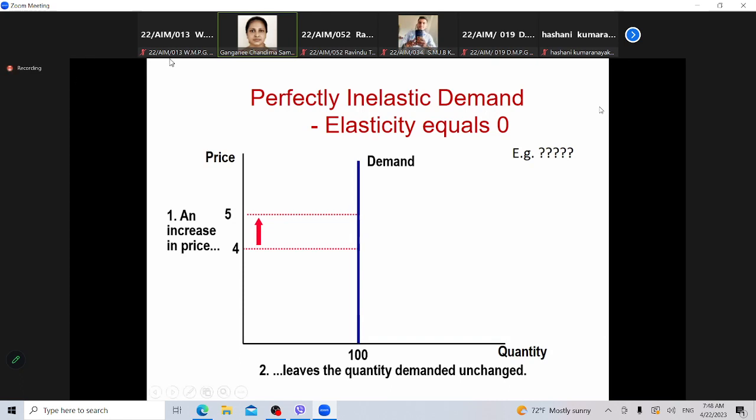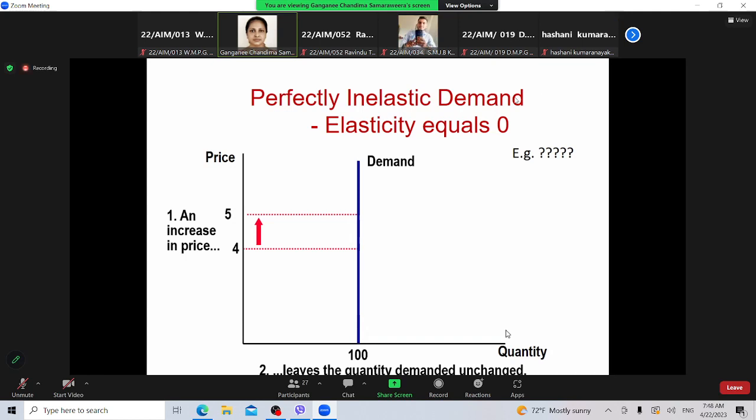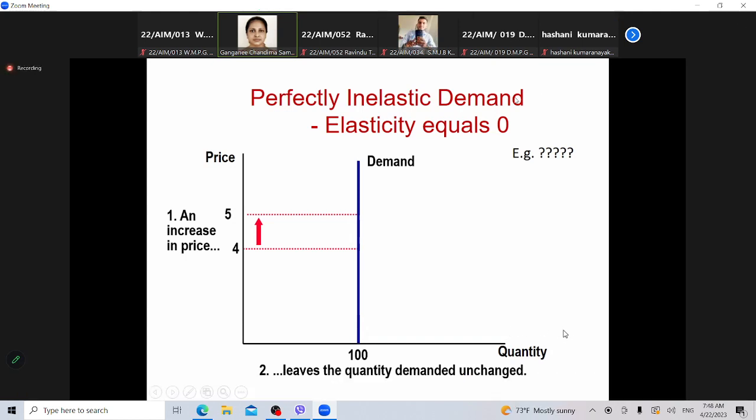Then you have to first draw the two axes, then label the axes as price and quantity if you are considering price elasticity of demand. Then you have to put the units: price in rupees, maybe dollars, or any other monetary unit, and the quantity demanded in kilograms, grams, tons, or any other units.